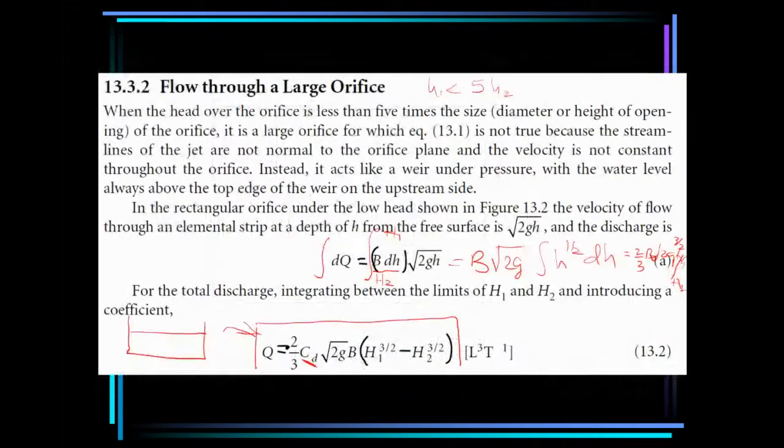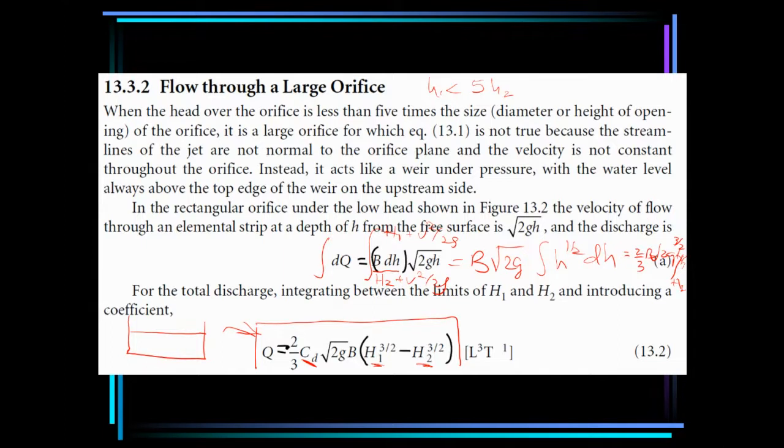So in the integration here we have h1 plus v squared over 2g, and this one also h2 plus v squared over 2g. And the same thing here, these are going to change now.